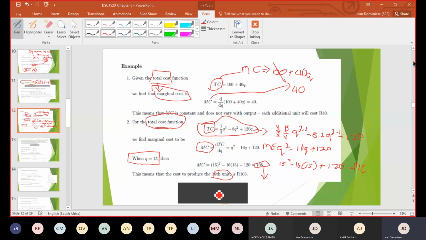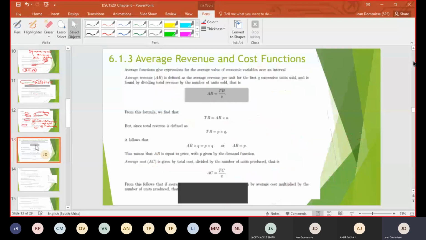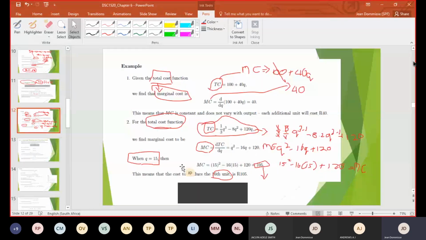So the next one will probably be your revenue curve. Basically at a point we will need to decide, okay, with your total cost and your total revenue, does it make sense to produce more units at a certain point?